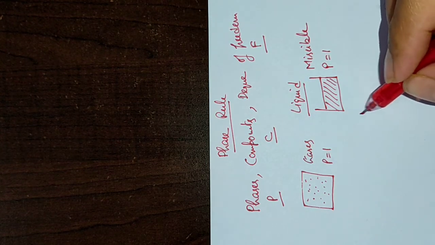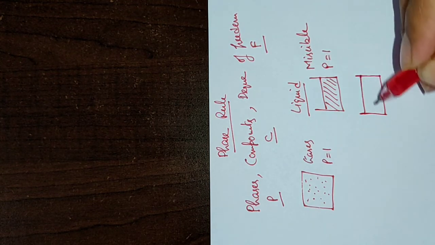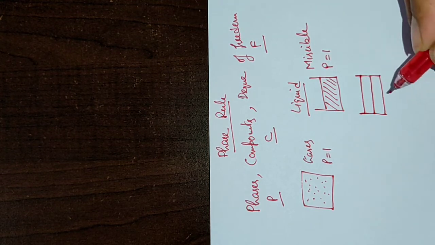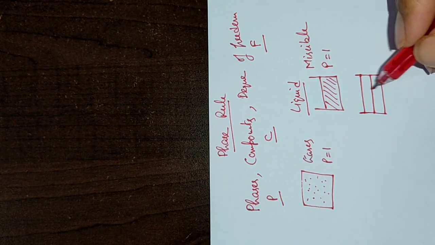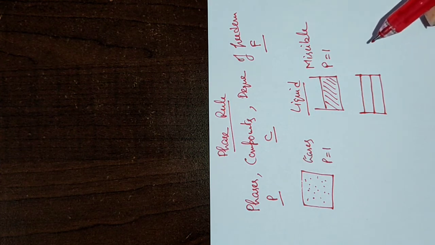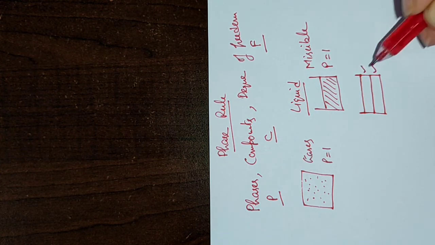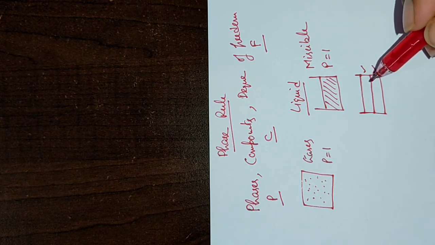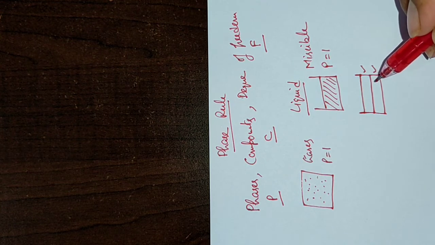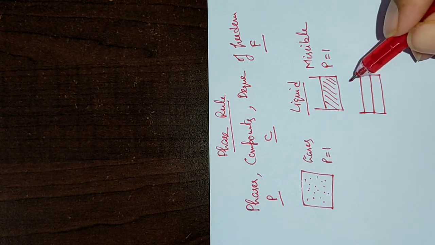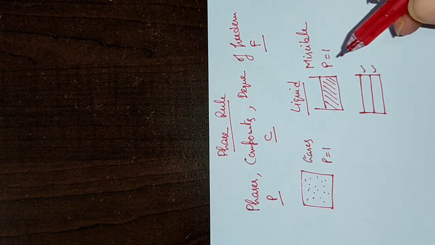And if they are completely immiscible, then they will constitute different layers. In case of immiscible liquids, the number of phases will be equal to the number of layers found in the system. Since they are immiscible, they will not mix with each other to form a single layer. They will constitute different layers, and you just have to count the layers to find the number of phases.